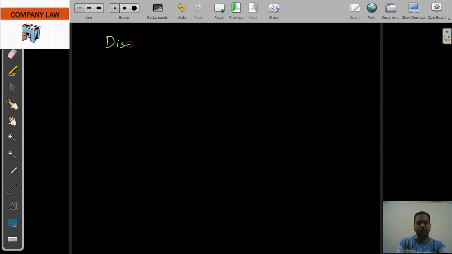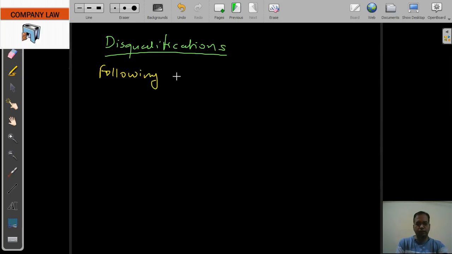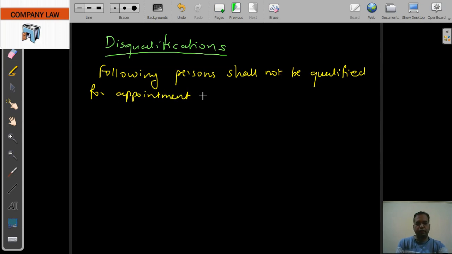So disqualifications, very quickly. So what are the various disqualifications? You can say the following persons shall not be qualified for appointment as auditor.